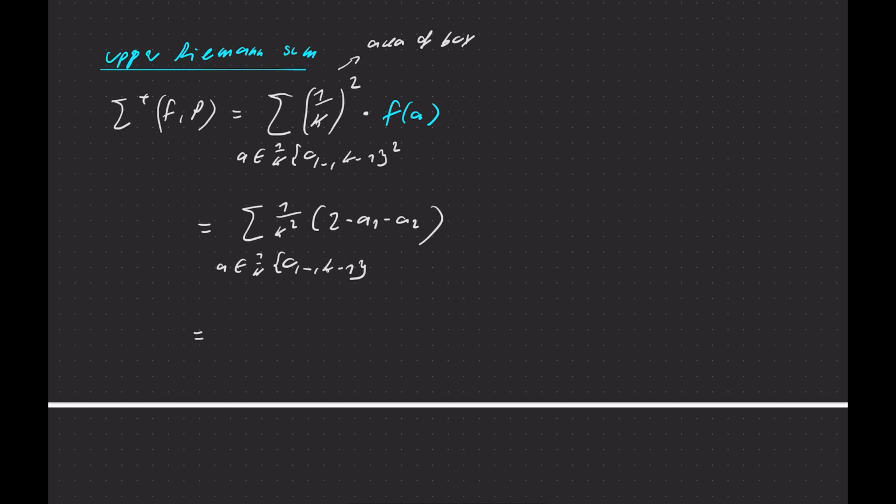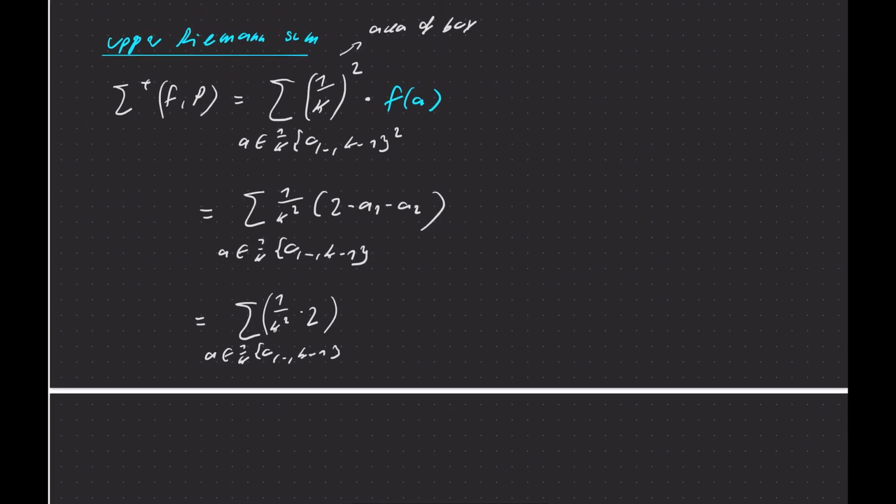So first thing we can do is we can sum up over all A in 1 over k times 0 to k minus 1. That constant part here. So we just take out this 2 here. And of course we also need to take out this 1 over k squared. Okay, so that's the sum of 1 over k squared times 2. And that sum does not depend on A at all.